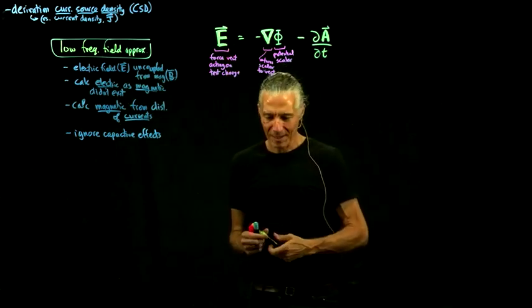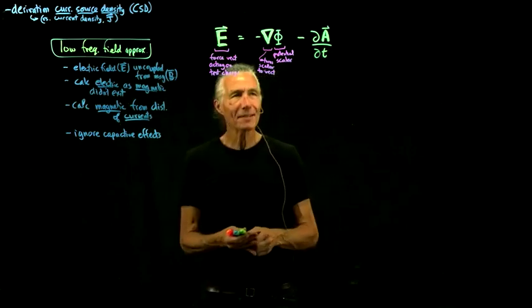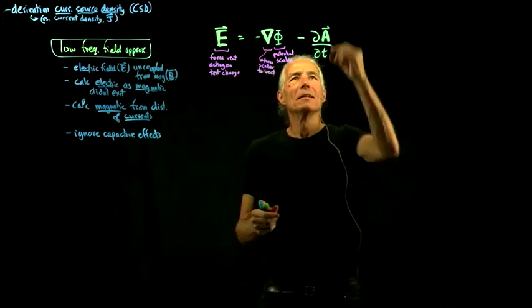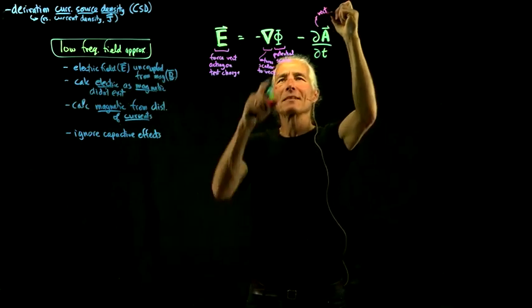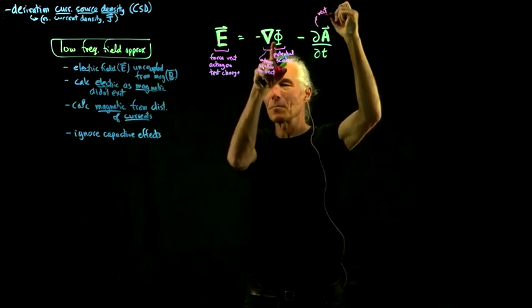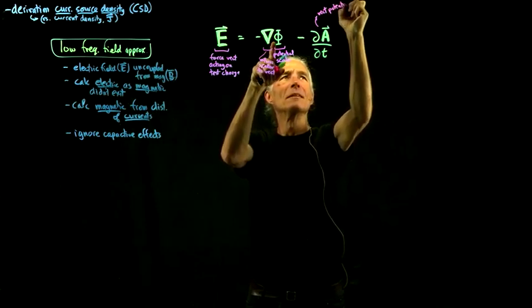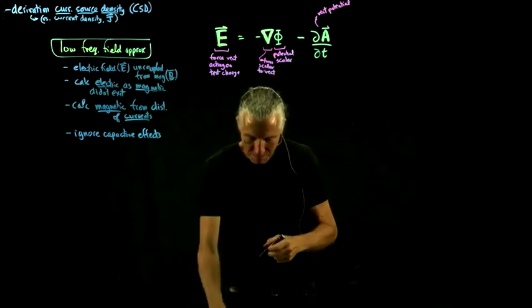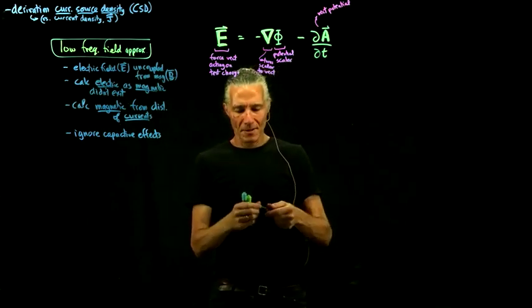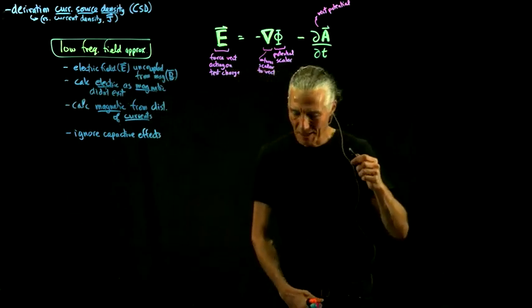So what is the A? The A is called the vector potential. So how do we define that guy? There are several ways to define it.